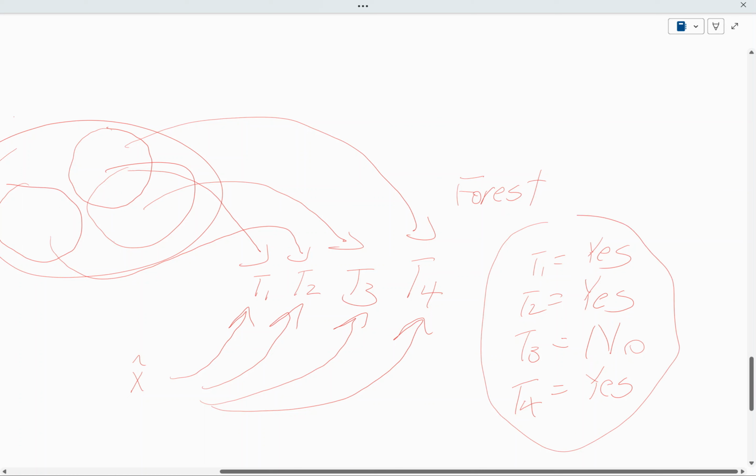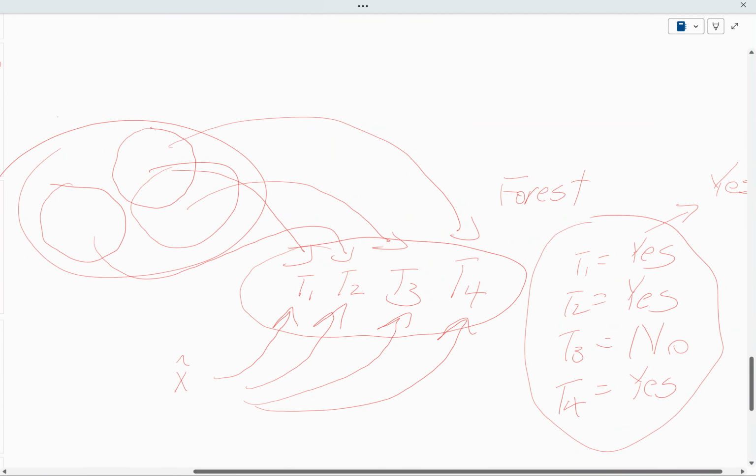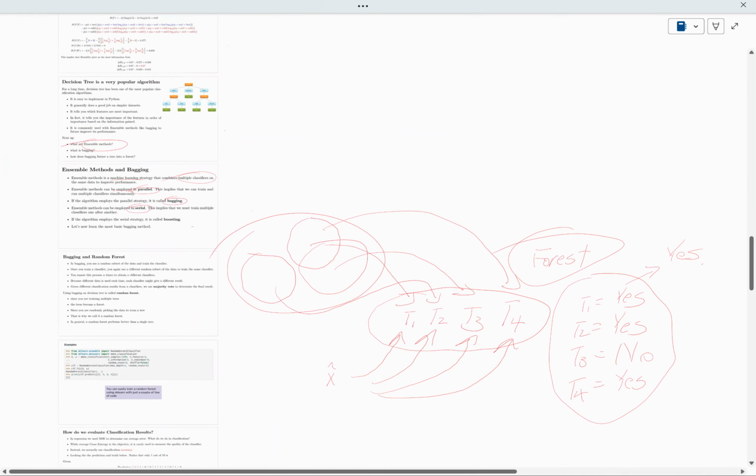So now you've got four results, and all you have to do is take the majority vote. Therefore, this will give you yes. Basically, you are collecting many different trees and then trying to get the wisdom from the collective of the trees, which is where the forest comes in. And this right here is called a random forest.